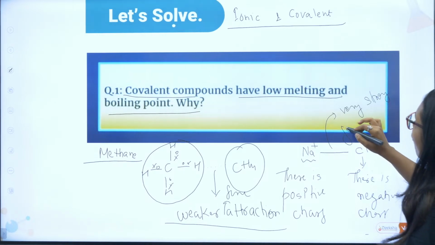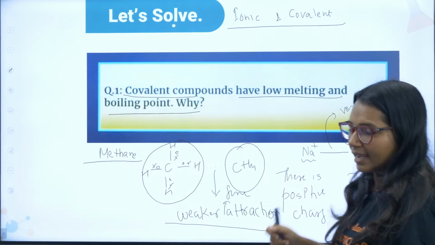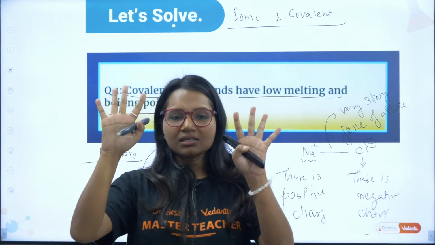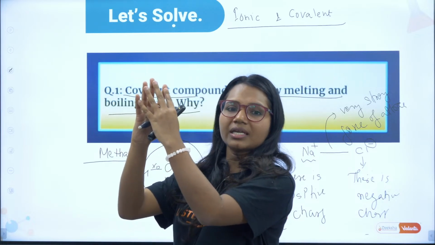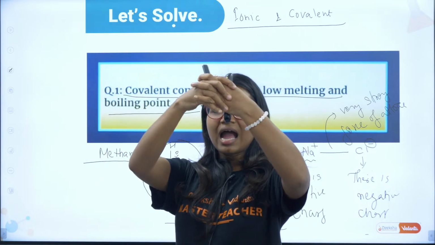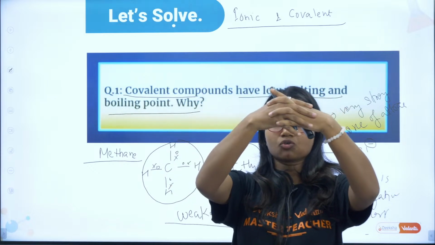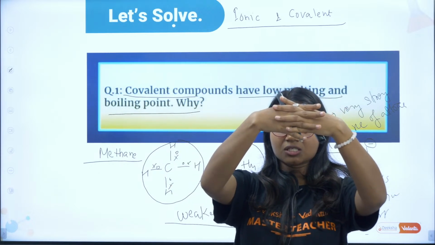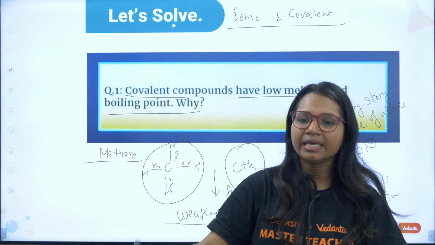See my hands, they are weakly bound, so it will take less time to get separated. But if my hands are strongly bound, like positive and negative, attraction is more. It means to break them, I have to provide more heat.